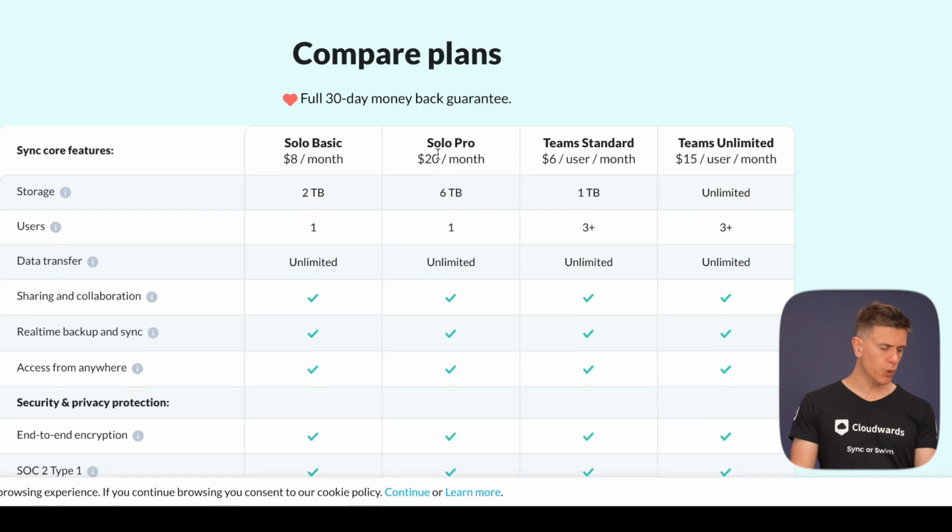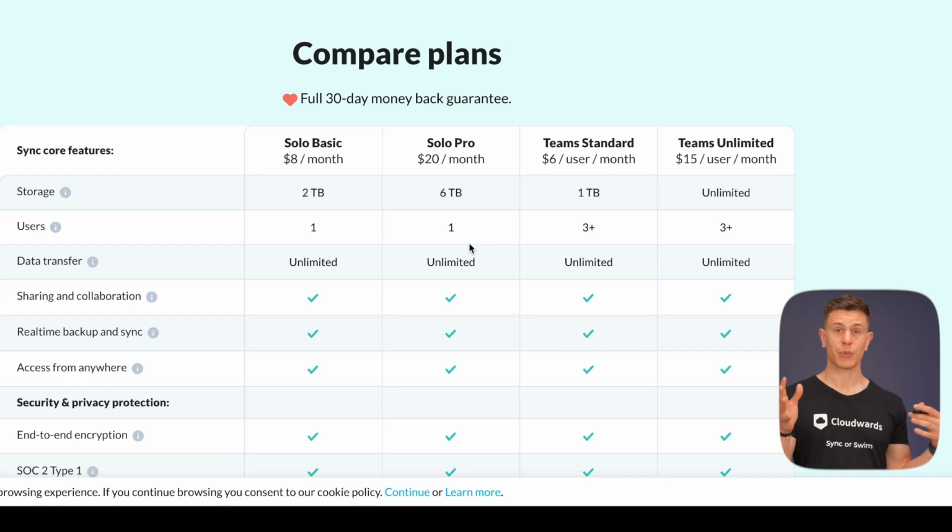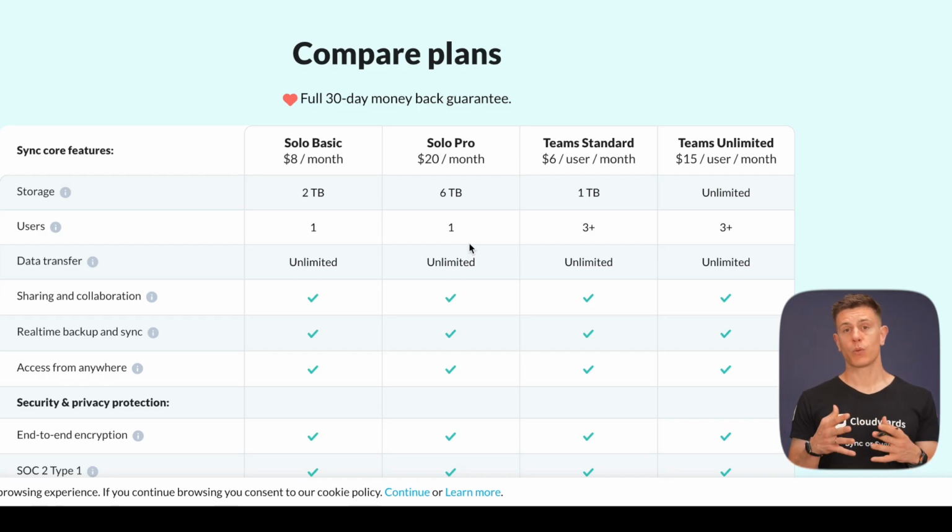Or you could even go to the Solo Pro plan that gives you 6 terabytes, but it only has one user, right? So you cannot invite any more users into your account, which means you cannot control a lot what other people do. You can still share links, which we're going to see also in this video, but the overall control of what you can do is very much limited.